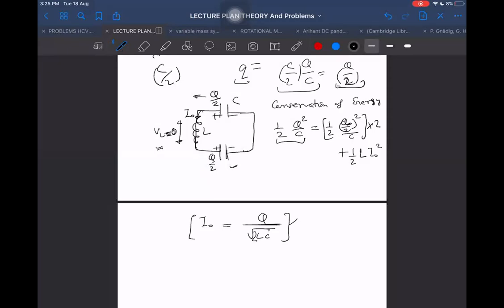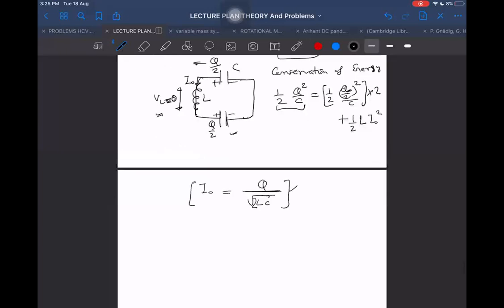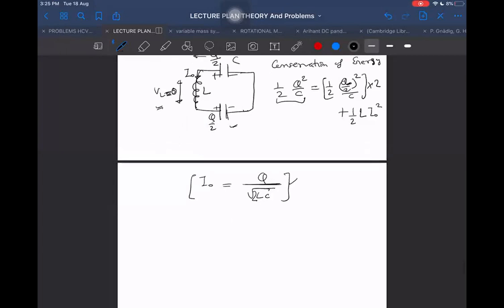This only. Yes, sir. Right. So we are getting the maximum current, the peak current, by energy conservation.